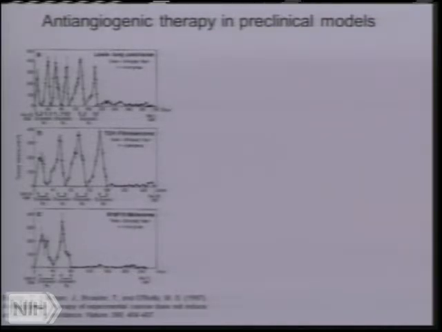I guess the answer is yes, and this was demonstrated as early as 1997. In this publication from Judah Folkman's lab, what they show in different tumors is that with this particular anti-angiogenic compound, they can grow tumors. When they start administering the anti-angiogenic compound, the tumor regresses. When they stop administering the compound, the tumor starts growing again.